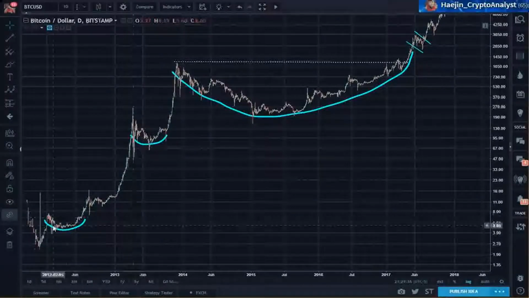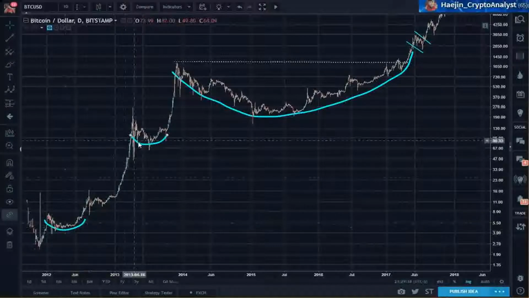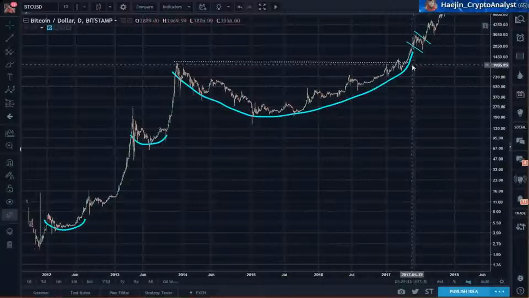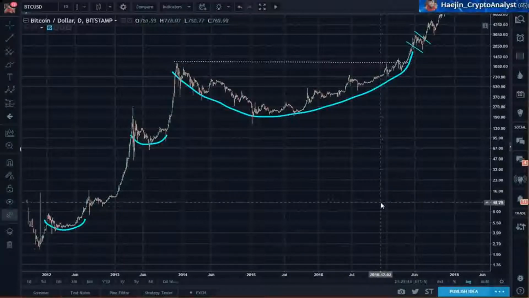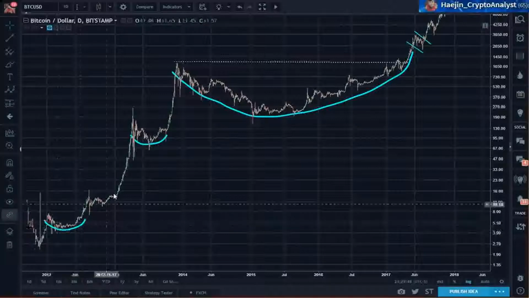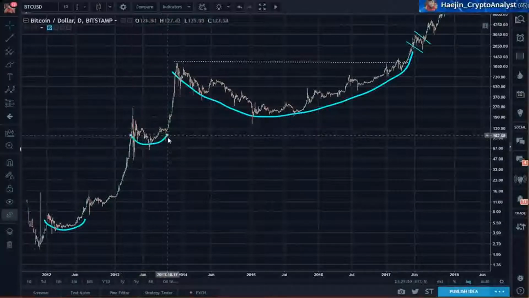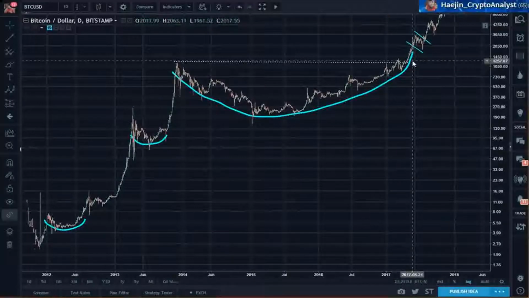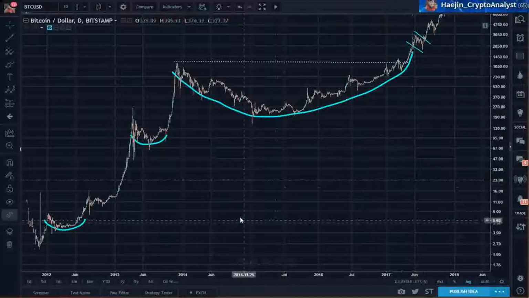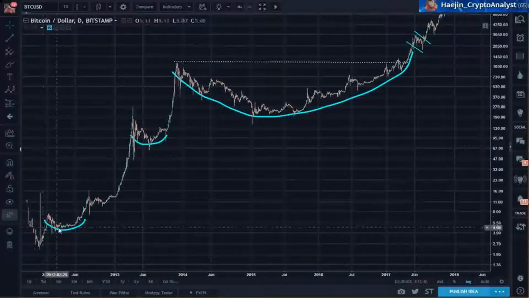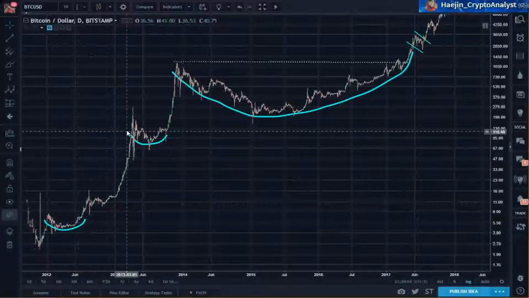Now compare the size of this and this to this. It's like comparing a small pie plate to a very large dinner plate. I think you might already be getting this. What I'm trying to get at is that these are the launching pads for the vertical moves.